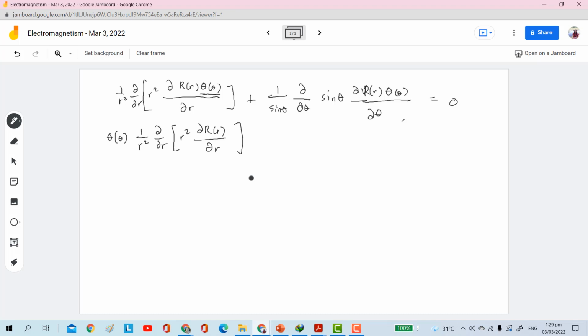And this other one, we can also take out, since we are differentiating only with respect to theta. Since it is only a function of r, it is a constant. So we have R as a function of r multiplied by 1 over sine theta, partial derivative with respect to theta of sine theta, and what remains is d Theta as a function of theta over d theta.